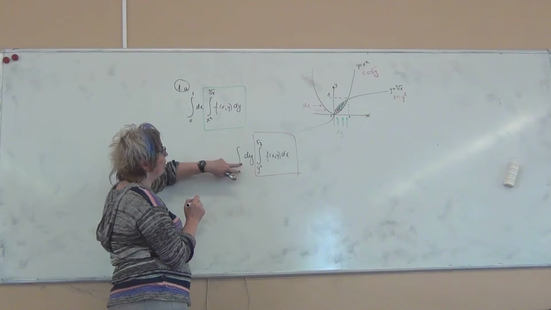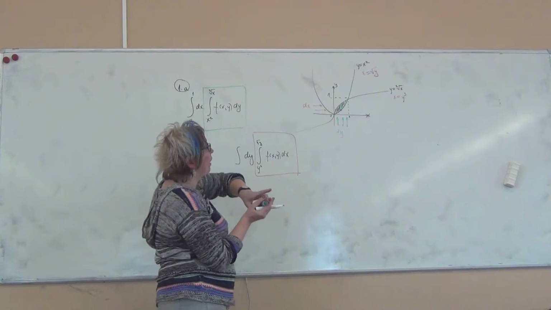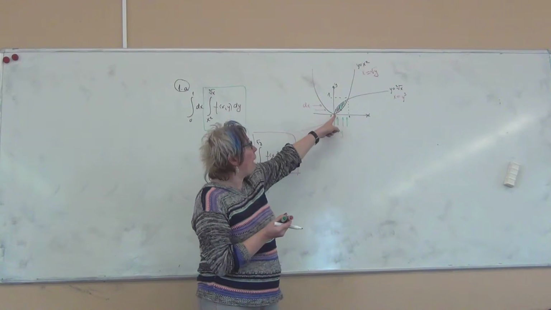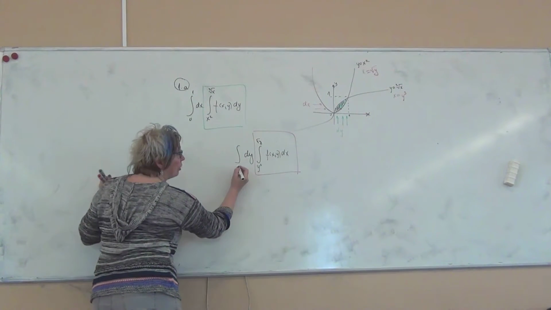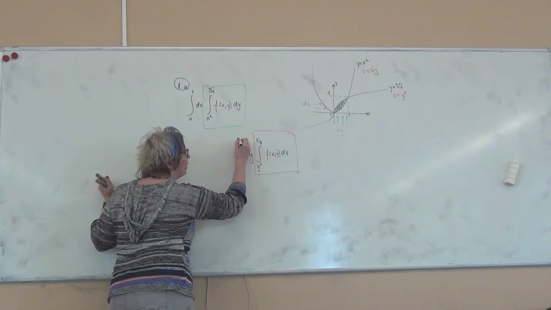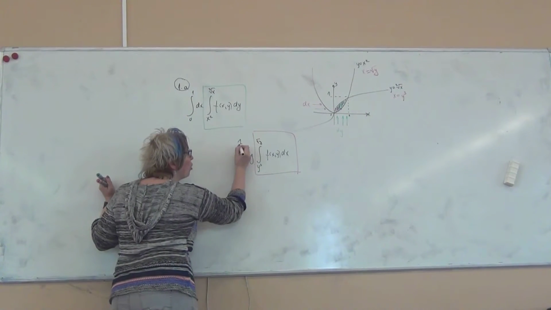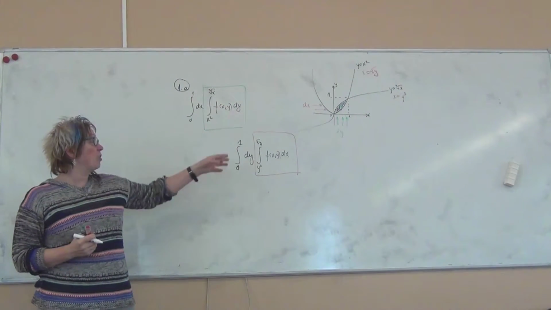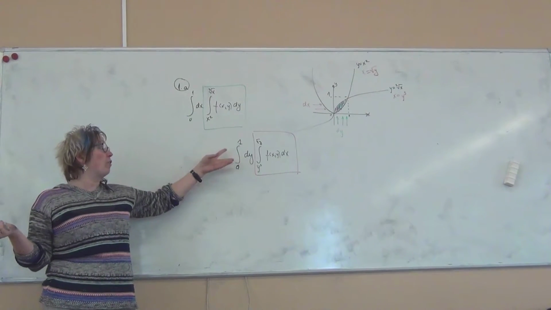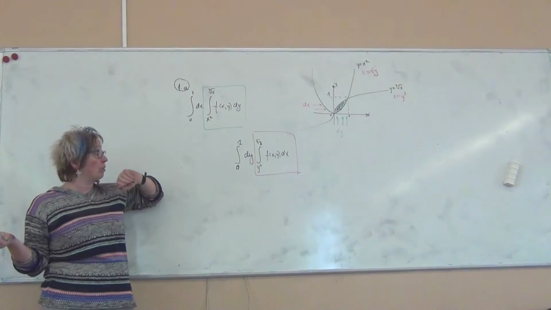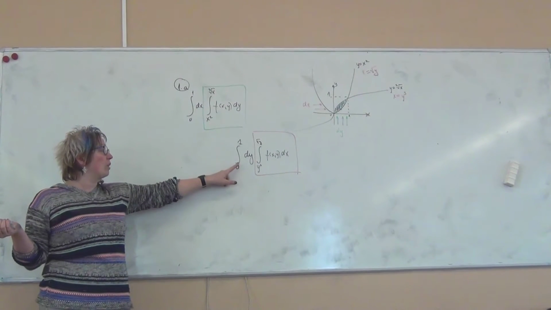Alright. And dy, now again we see dy, y changes from 0 to 1. So the outer integral always has constant boundaries because there's no new variables. There's nowhere to get any new variable to express this integral. So these are always constants.